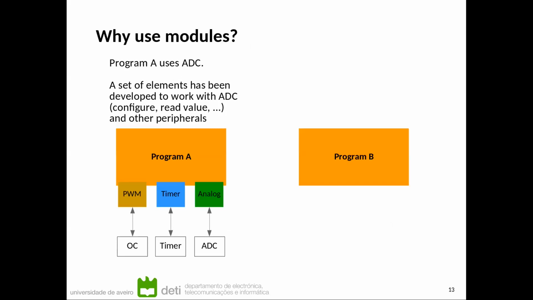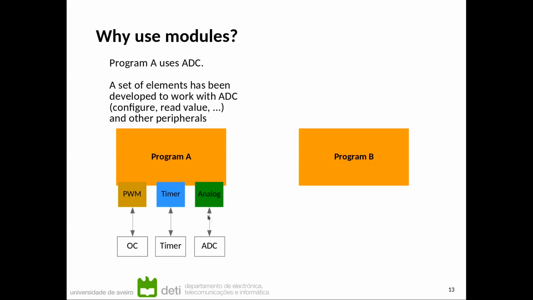So the logic of using modules is this one. Let's suppose that I have a program called A that uses the analog to digital converter. And I have created a set of elements, which we know are called modules, that have been developed to work with the analog to digital converter.